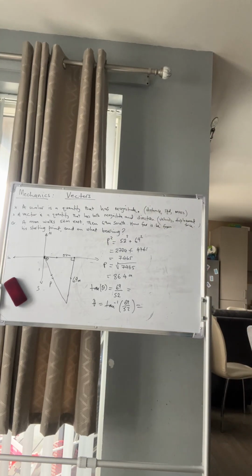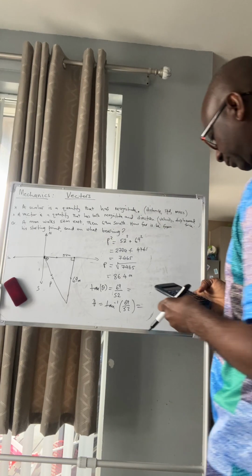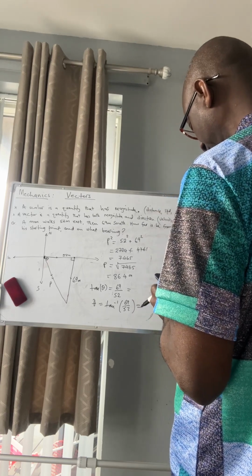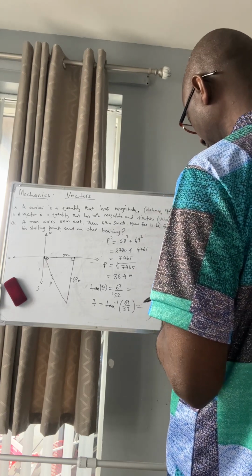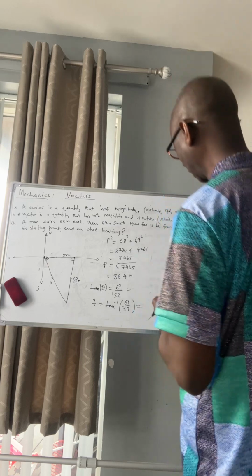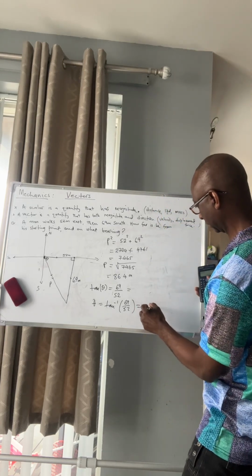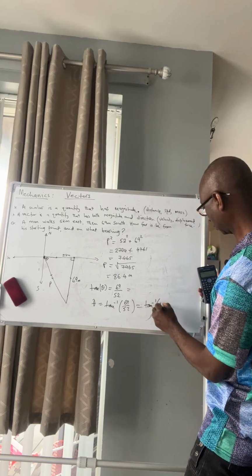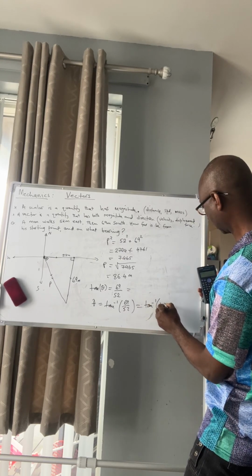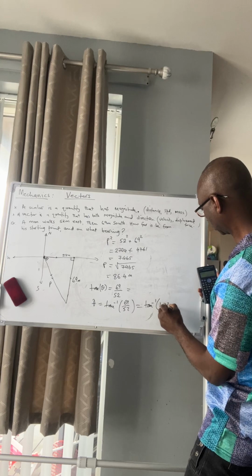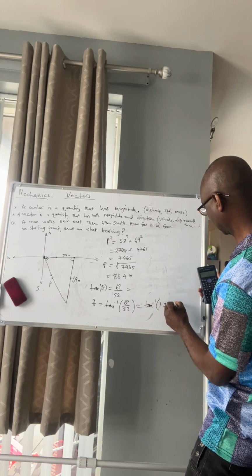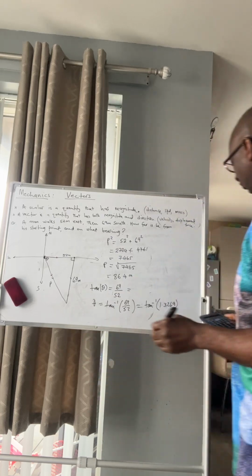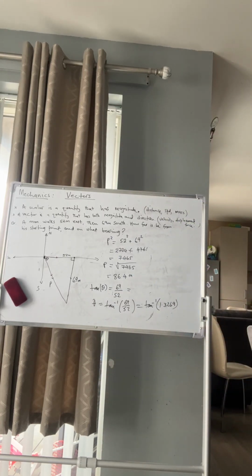This is what you are looking for. So 69 all over 52 is what? 69 divided by 52 is 1.3269. Let's stop there for decimal places.